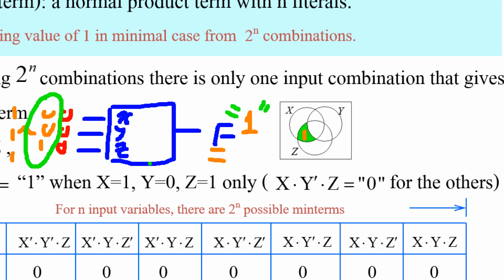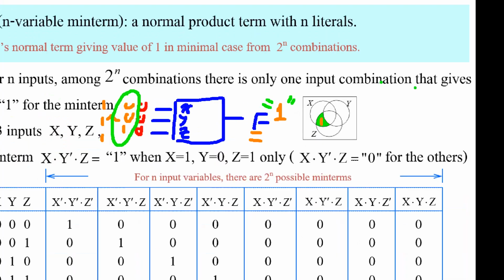So what kind of function makes the result 1 for only one case? Yes, the AND function. So you should write the expression with AND between all input variables.